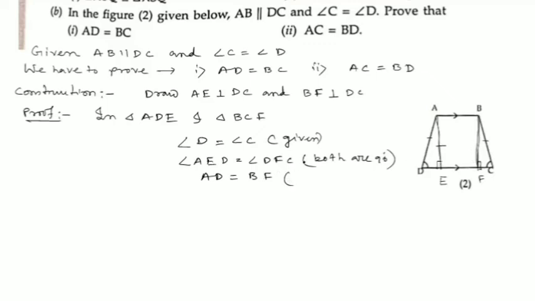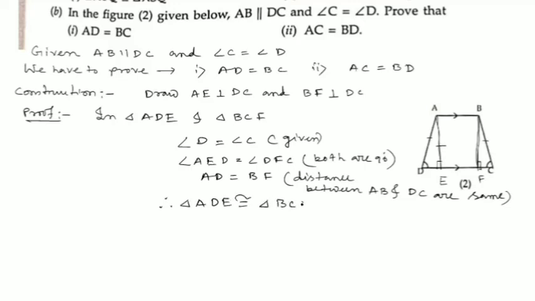So here we write the distance between AB and DC is the same, because here AB and DC are parallel. Therefore, we can write triangle ADE is congruent to triangle BCF, by which rule?